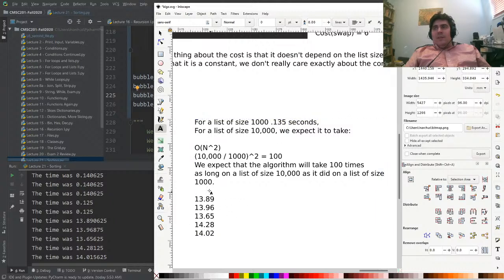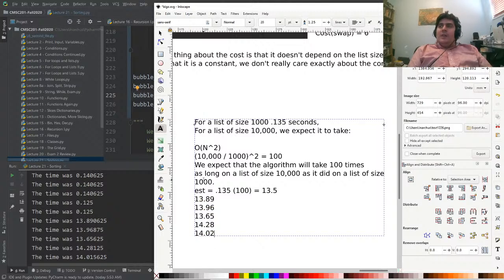Our estimate was 13.5. And so it's a little on the low end, maybe, but you see that it gave us kind of an estimate for the time that it was about to take on this function, right? And so that's kind of the reason why we do these Big O calculations.